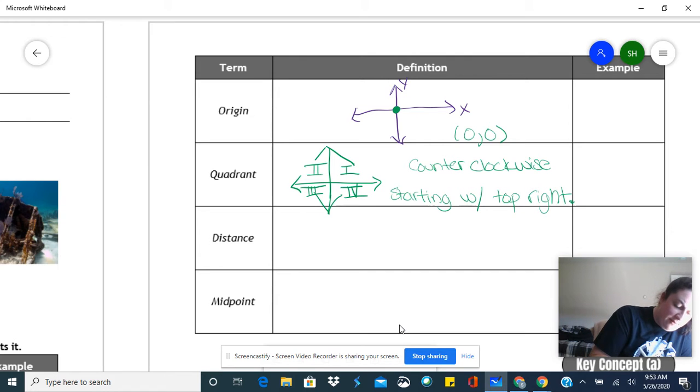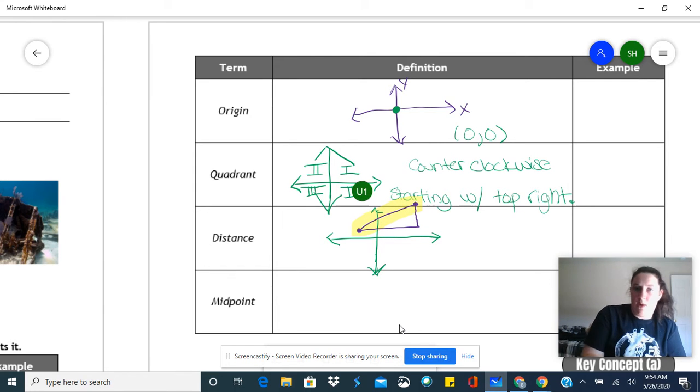So if you were to have a coordinate plane like so, and you have a triangle drawn, your distance is from this point to this point, okay? This is your distance that they want to know.